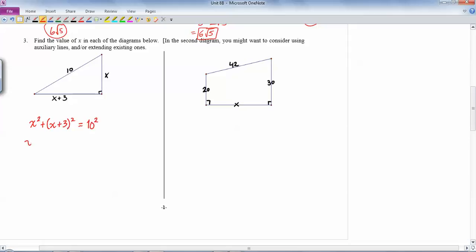So that's going to be x squared plus, and then I'm going to write this out like this. X plus 3 times x plus 3 equals, and then 10 squared is 100. So this will be x squared plus, and then don't forget you have to FOIL this. It's not just x squared plus 9. It's the first terms, x squared, plus the outer terms, 3x, plus the inner terms, 3x, plus the last terms, 9, equals 100.